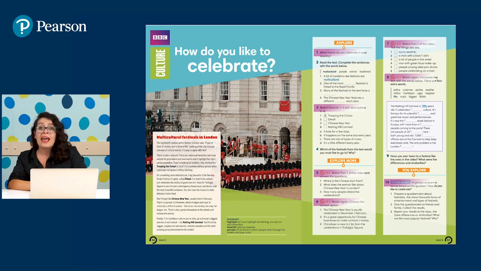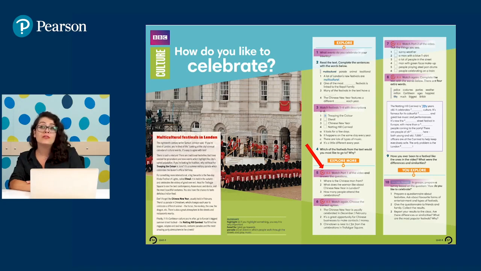If they do, have them write these answers in the column L. On the next page, you will see some other comprehension questions, and in Explore More sections, each BBC Culture lesson is accompanied with a BBC Culture video.